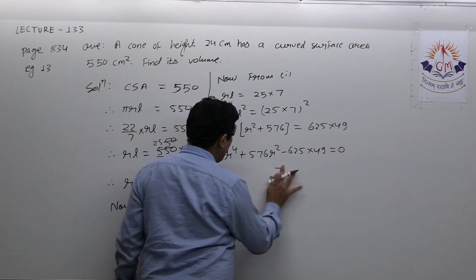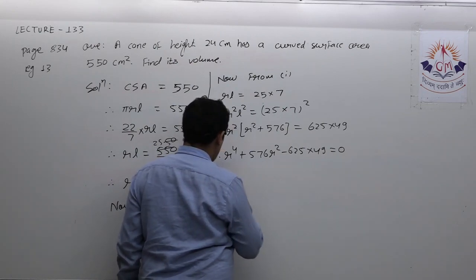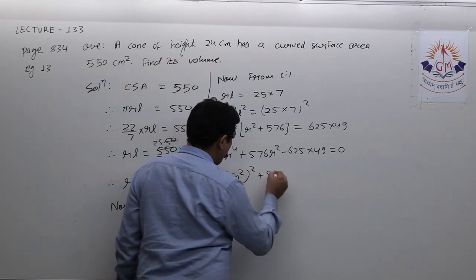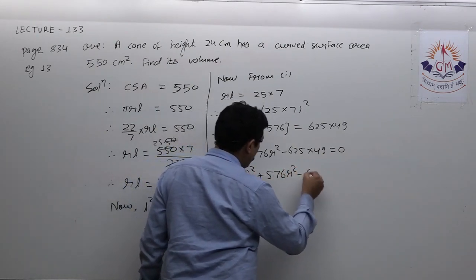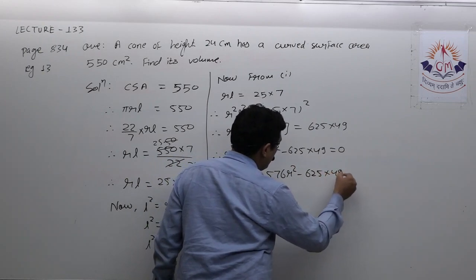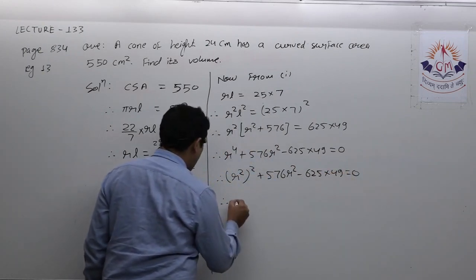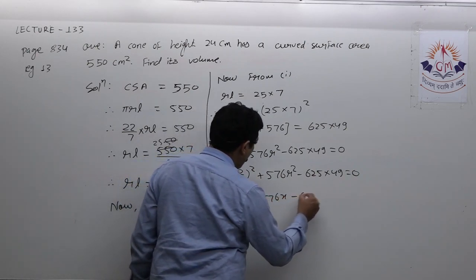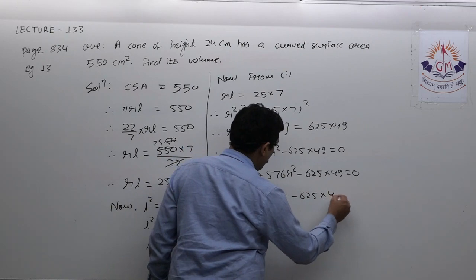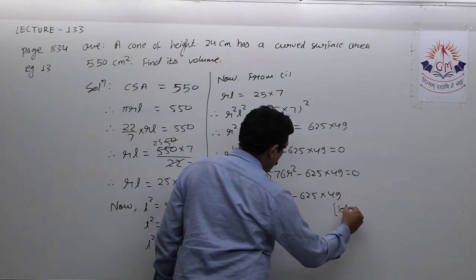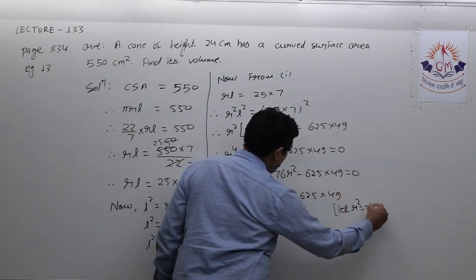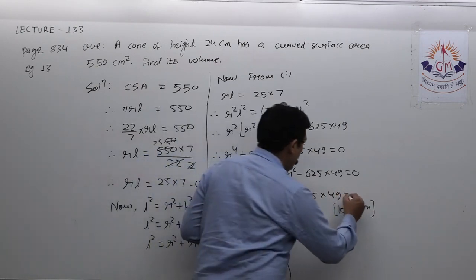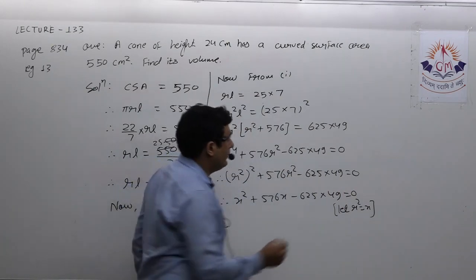Now this is not a quadratic equation, but definitely we can convert this into the form of a quadratic equation. Say R square is equal to X. So I can write X square plus 576x minus 625 into 49, where R square is equal to X. Now this is exactly a quadratic equation which we can solve by splitting the middle term.